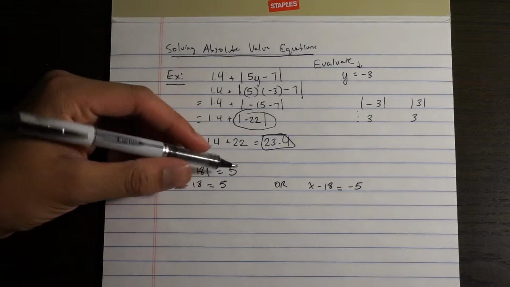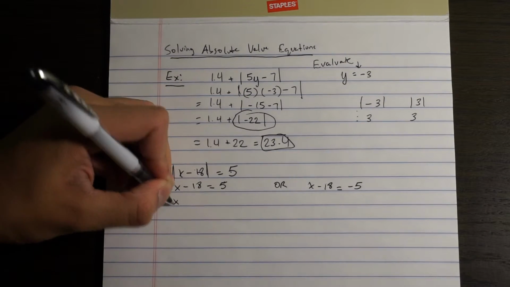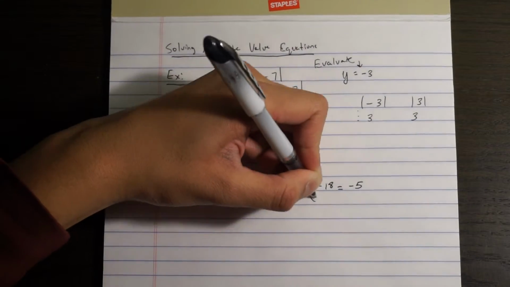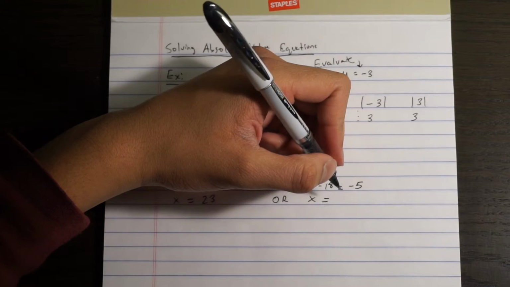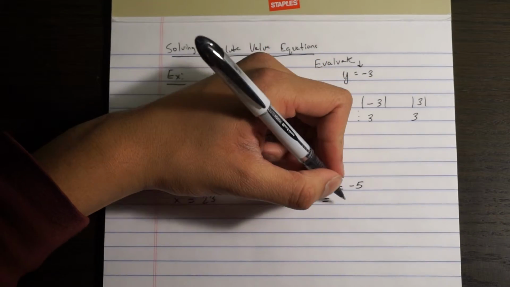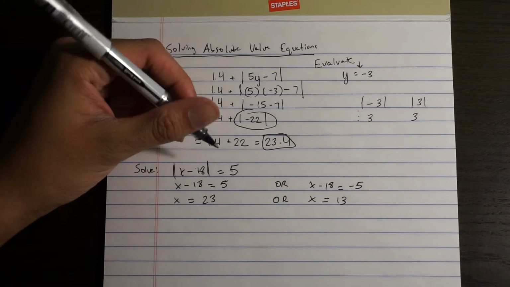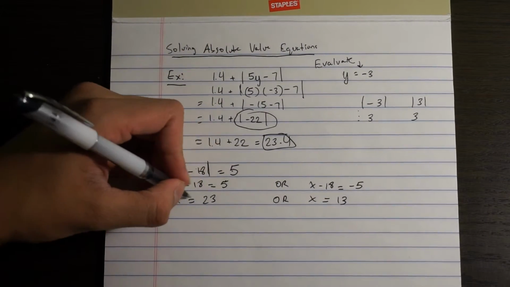So let's just solve this out. We get x equals 23, or x equals 13. And those are our two solutions.